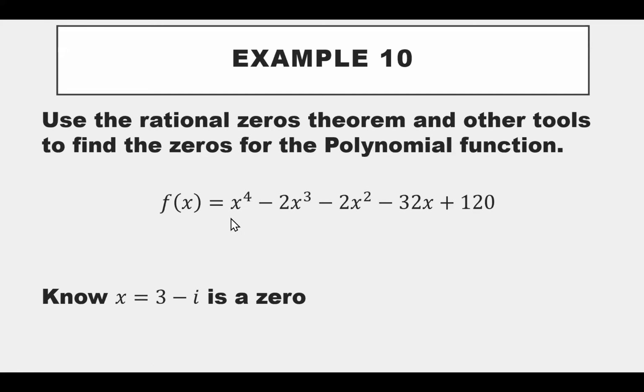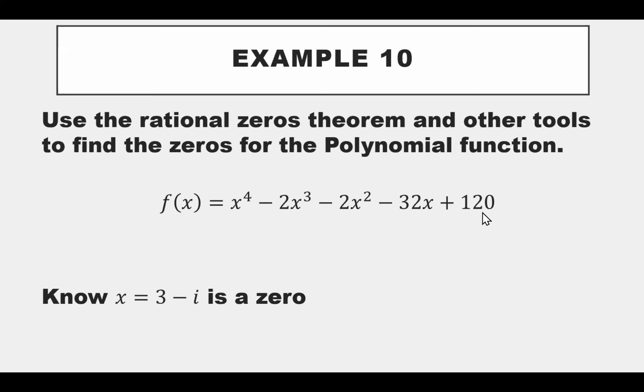All right, now what if we have a 4th degree polynomial function, but it doesn't have any rational zeros? Well, here's the deal. If I were to try to solve this, and if I would look at factors of 120, we'd have a lot of factors.